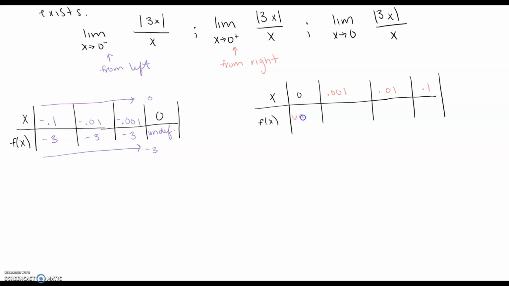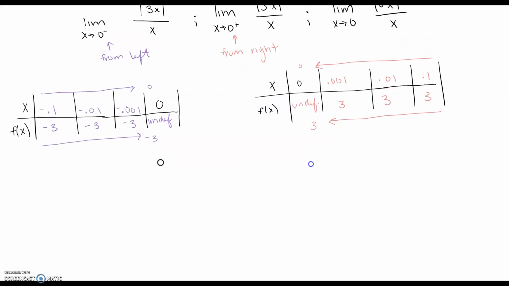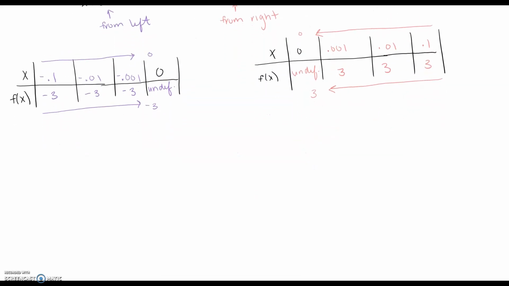So we get undefined. And then we get 3, 3, and 3. So as we approach from the right side, going towards 0, the y values here are going to 3. So because they're not going to the exact same thing, then we conclude the limit as x approaches 0 of f of x does not exist.